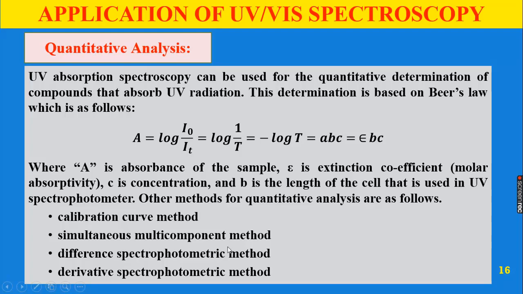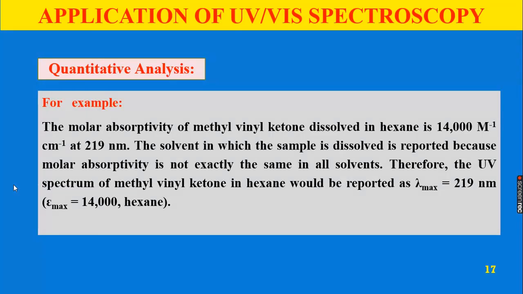We draw a calibration curve with standards from 0% to 100%, and then we run the unknown sample and plot absorbance versus concentration. So from absorbance we can calculate the concentration of the unknown sample. If our compound is solid, then we have to write the solvent also.